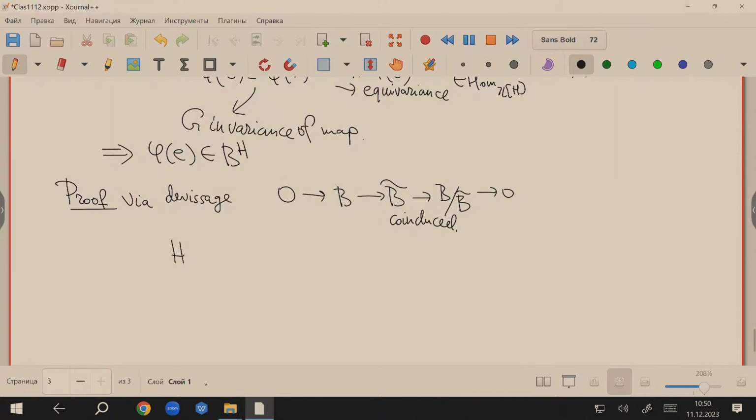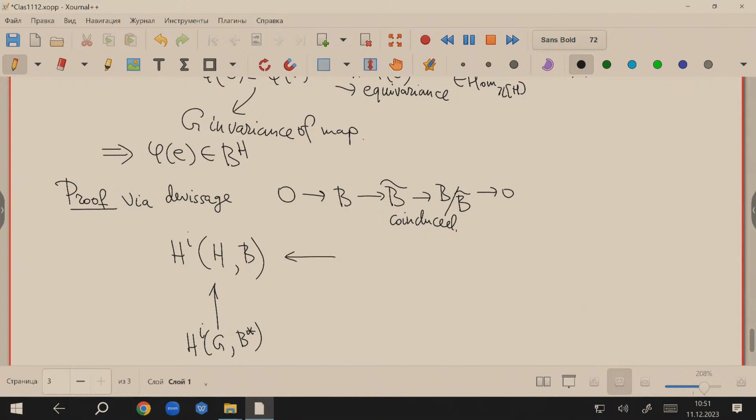So H of H B. You have the restriction map to H.